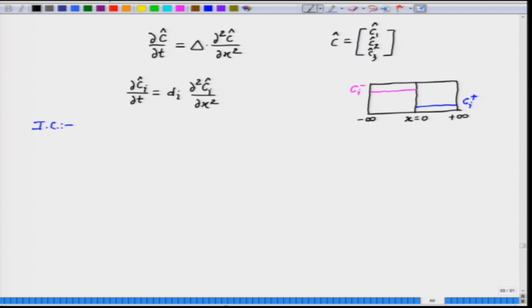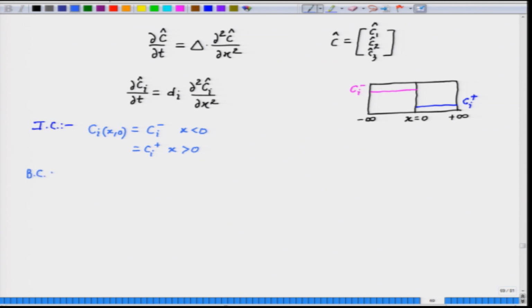So, the initial condition is Ci at any x at time t equal to 0 is Ci minus, right, when x is less than 0, and it is Ci plus when x is greater than 0.